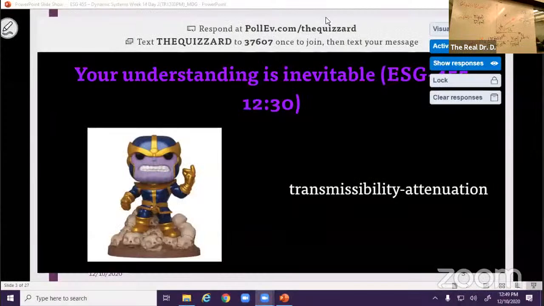All right. Again, attenuation is just the opposite of amplification. Often as mechanical engineers, biomedical engineers, we will want to attenuate vibration because it wreaks havoc on physical systems.